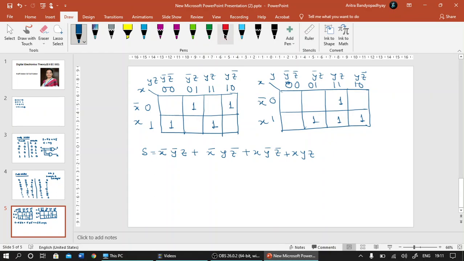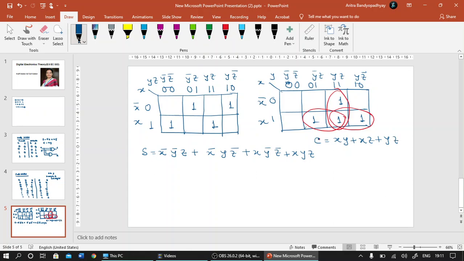So when we simplify it, this is a pair, this is a pair, and this is another pair. So the expression for C will be xy plus xz plus yz.